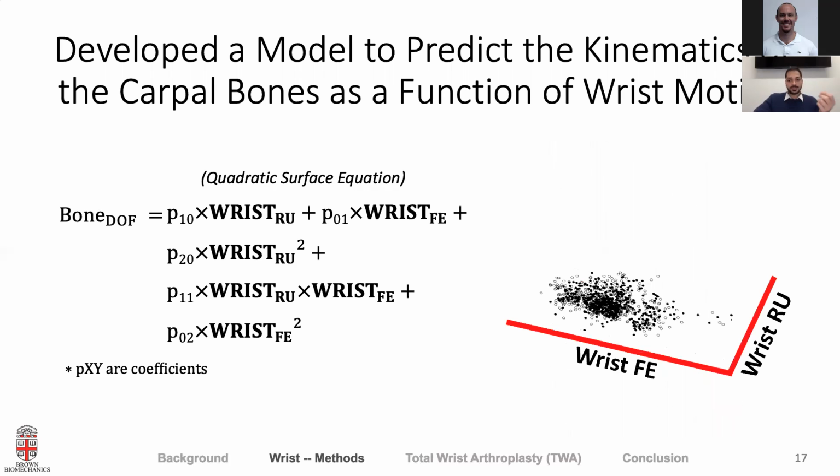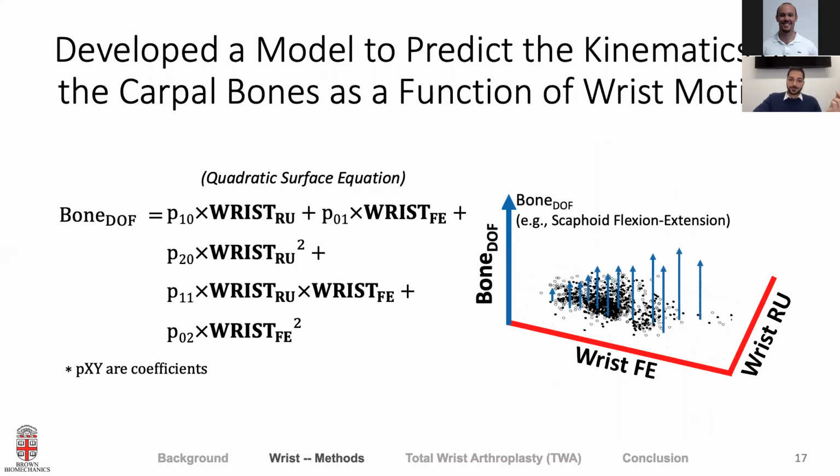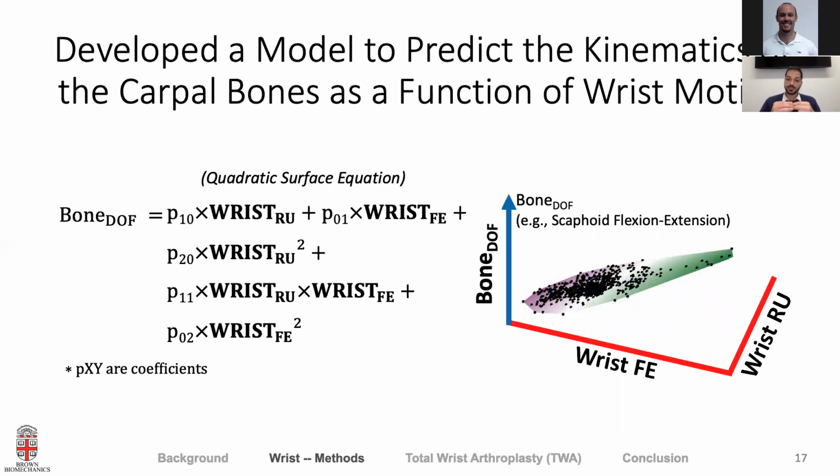If we flatten out the figure of all wrist motions and add the z-axis for a bone and degree of freedom, for example scaphoid flexion extension, we get something like these data points. A quadratic surface minimizes the least squares differences for all of these points. We are basically trying to find the best surface that passes through all of these points.